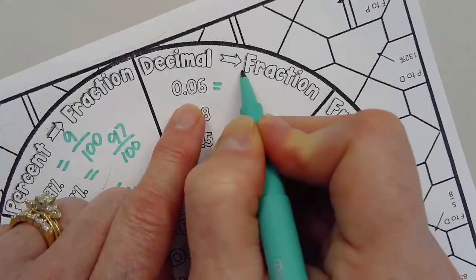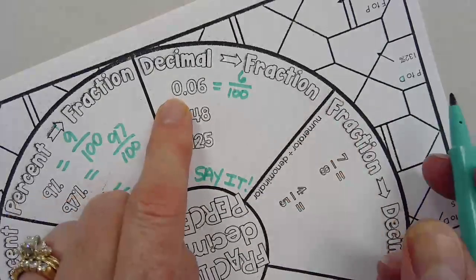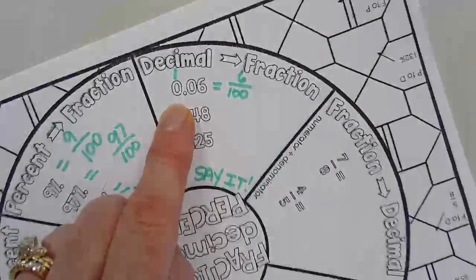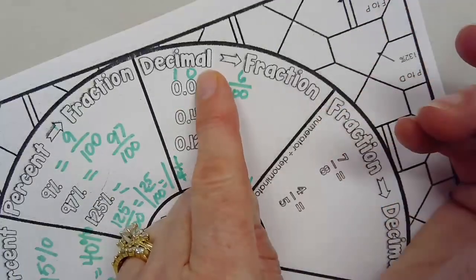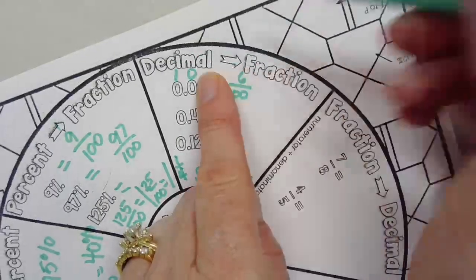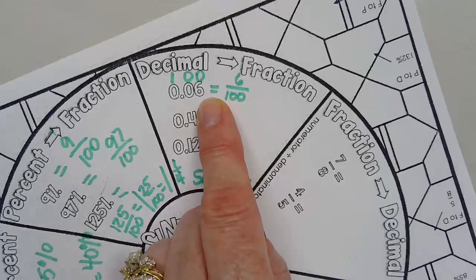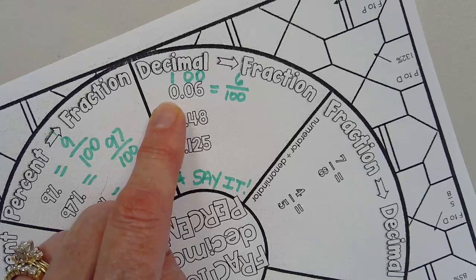Now, if you're having difficulty with place values, this is something that you can do to help out. The ones place is in front of the decimal. If I put a 1 there, the place after it is going to be the, what number do you see? Tenths place. This would be the hundredths place. So that's a way that you can figure out your place value if you get stuck. Put a 1 over the ones place and then put zeros after to see what place value you're at.